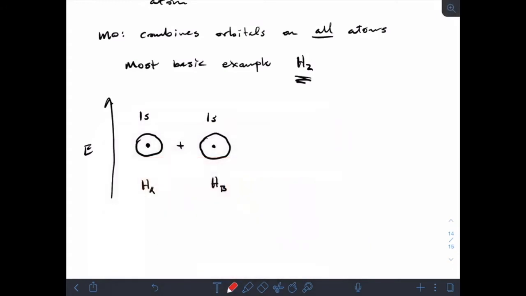And that gives me 2 molecular orbitals, one from each hydrogen. So what's going to happen here is that they're going to combine in 2 different ways. Okay, so if I have 2 atomic orbitals, I'm going to get 2 combinations.